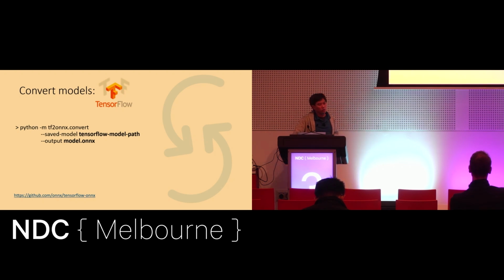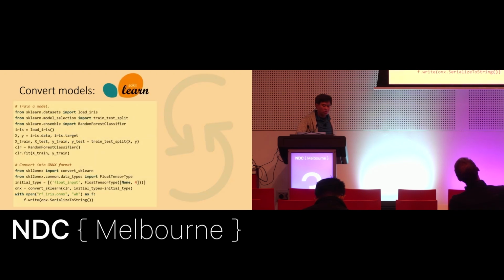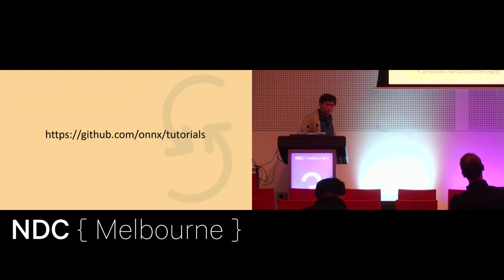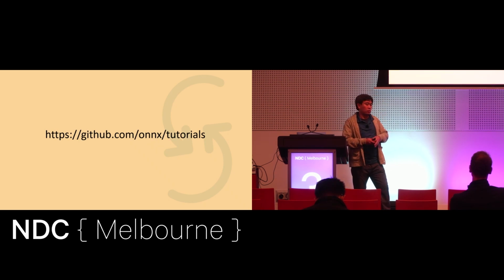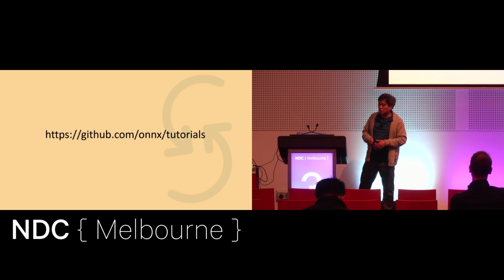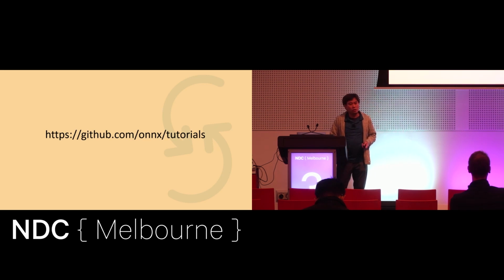You can convert it using this. So I just have it as a reference just in case you need to visit it later on. The best way to learn more about how to convert from existing models is using the tutorials on ONNX in GitHub.